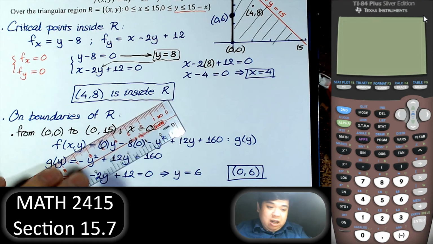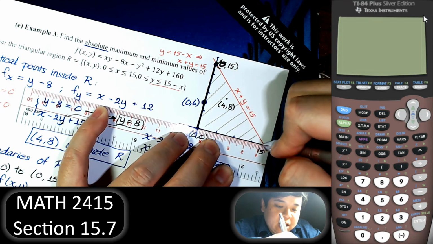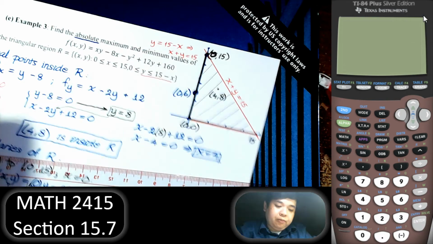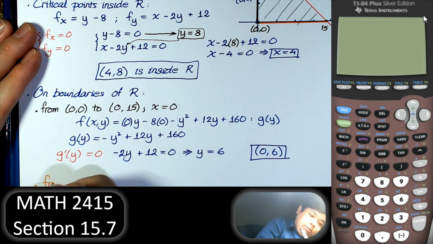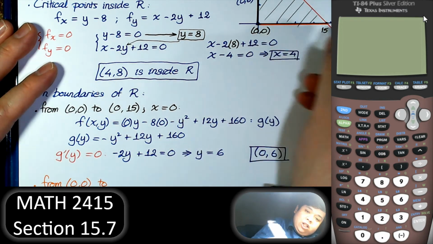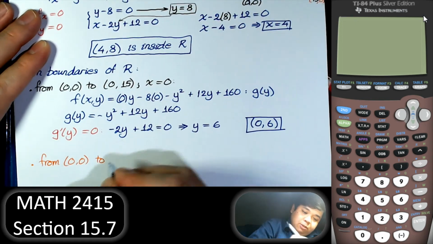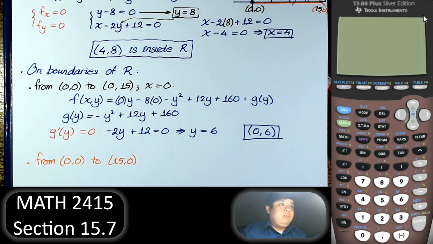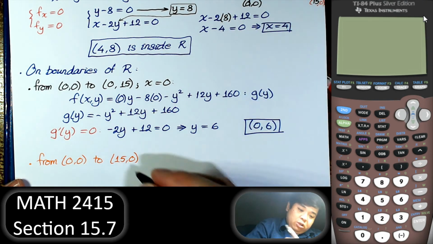Now the second line segment, let's say this portion here, is from (0, 0) to (15, 0). And for this line segment, y equal to 0.